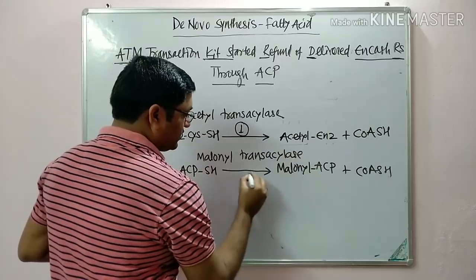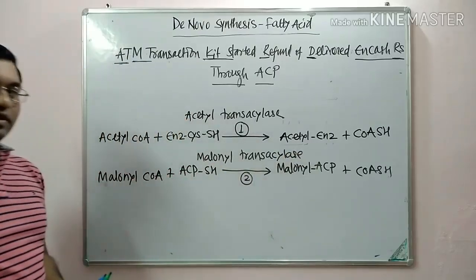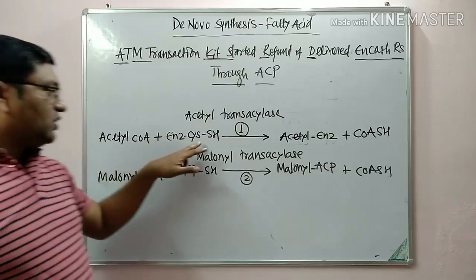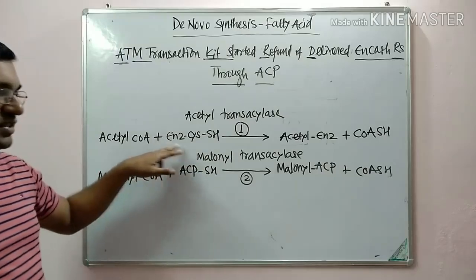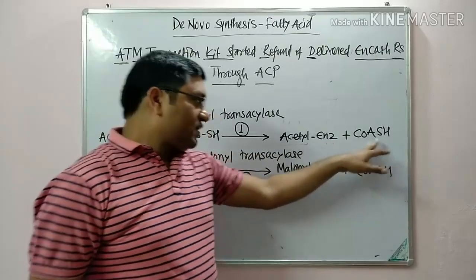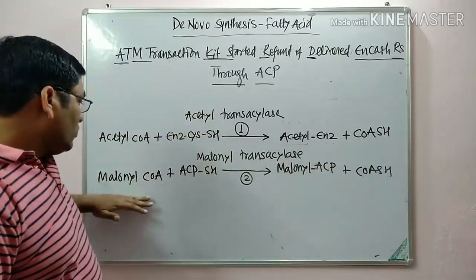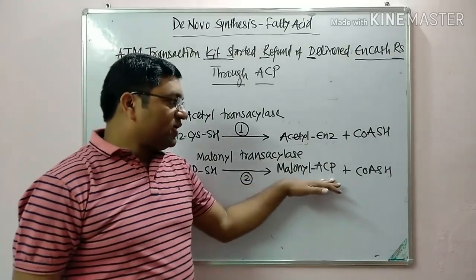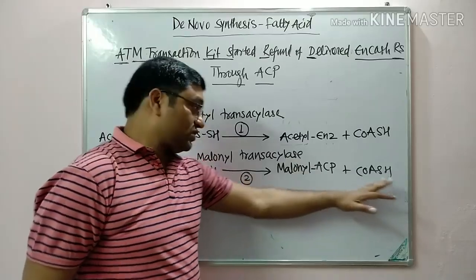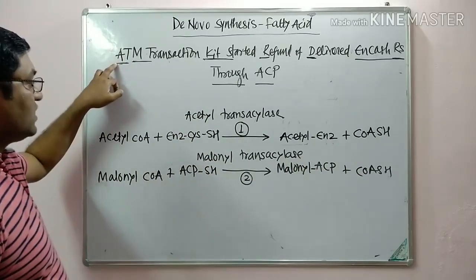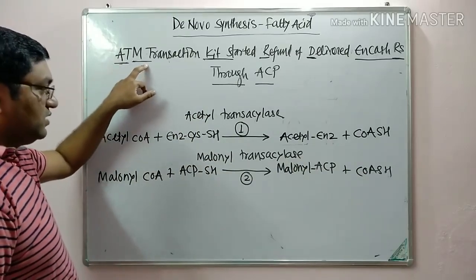So this is the second step in the reaction. In the first step, the acetyl unit is transferred to the cysteine of this enzyme, resulting in the formation of acetyl enzyme plus coenzyme A SH, and malonyl gets transferred to the ACP, leading to malonyl ACP and coenzyme A SH. So these are the two steps catalyzed by the acetyl transacylase and malonyl transacylase.